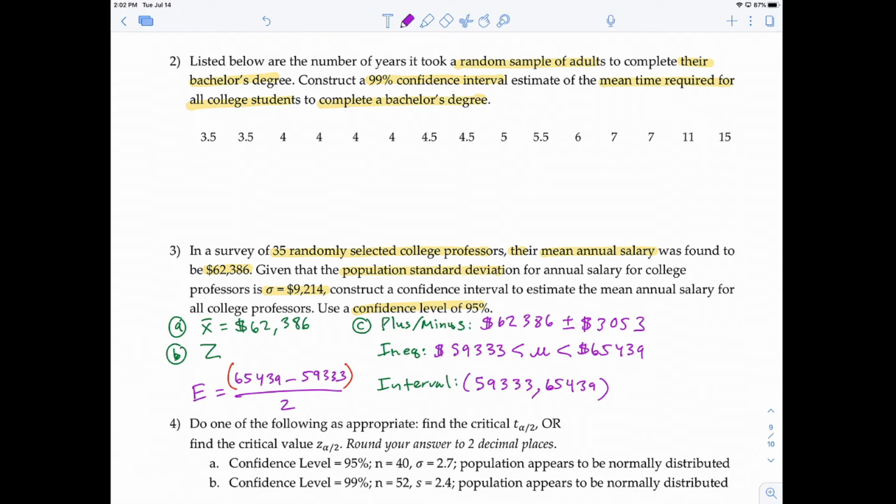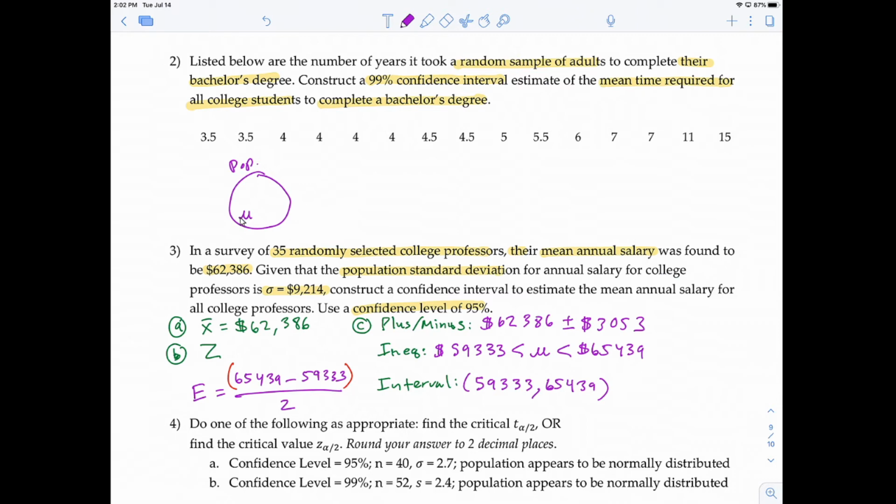So let me just take a step back to explain what's going on. We have a population, and our population is students who graduate from a college, right? There are millions of people who graduate from college, so it's very difficult to determine, and what we're interested in is the mean time that it took them to graduate.